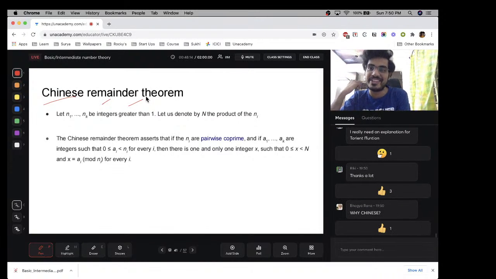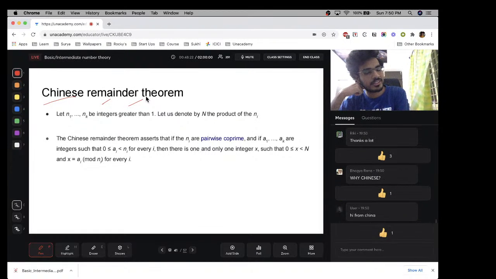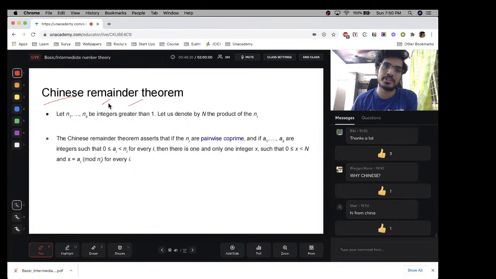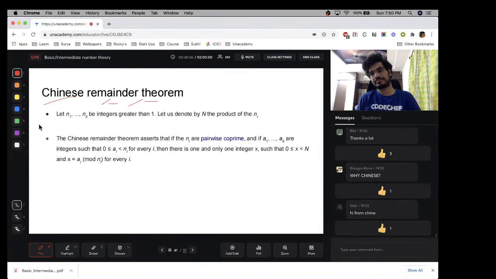Because it was invented in China a long time ago, so that's why it got the name Chinese remainder theorem. There are a lot of problems on CodeChef which can be solved using the Chinese remainder theorem. So let's try to learn that.